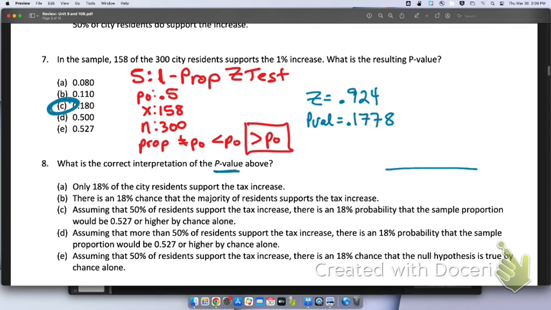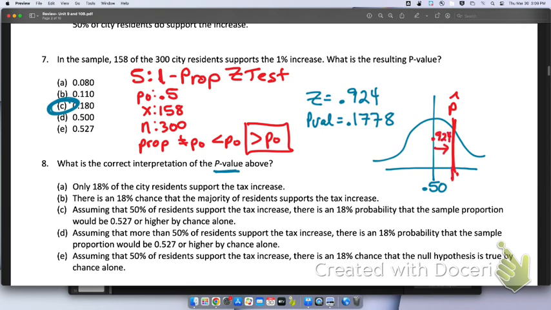What that means is, if I assume that the claimed value is 50%, so giving the null hypothesis the benefit of the doubt, then our sample, which was 158 out of 300, was about 1 standard deviation above, a distance of 0.924.